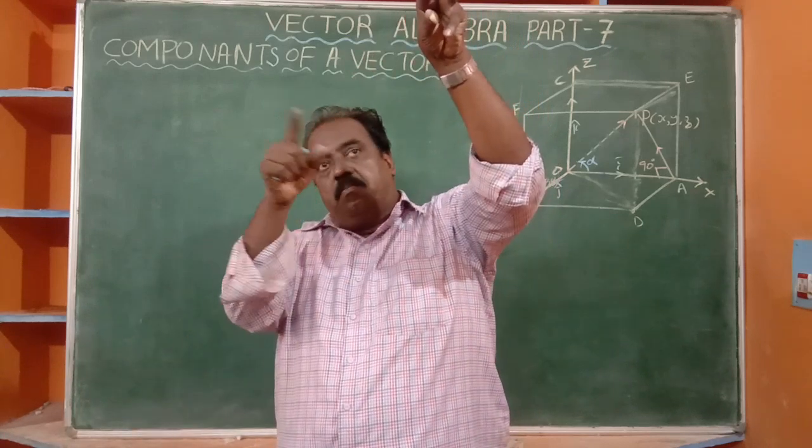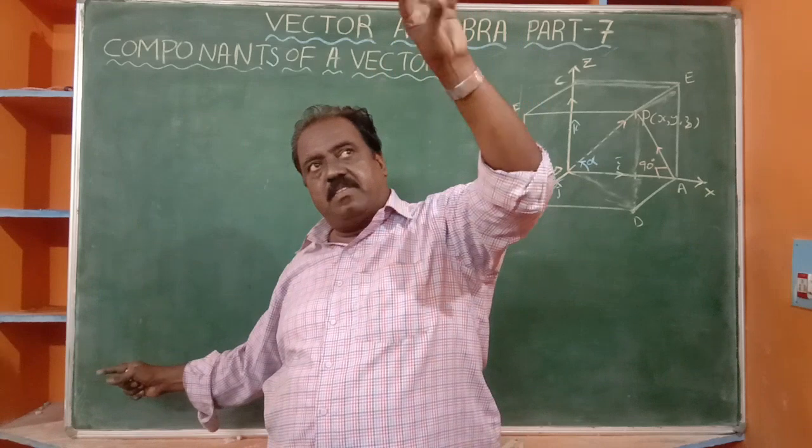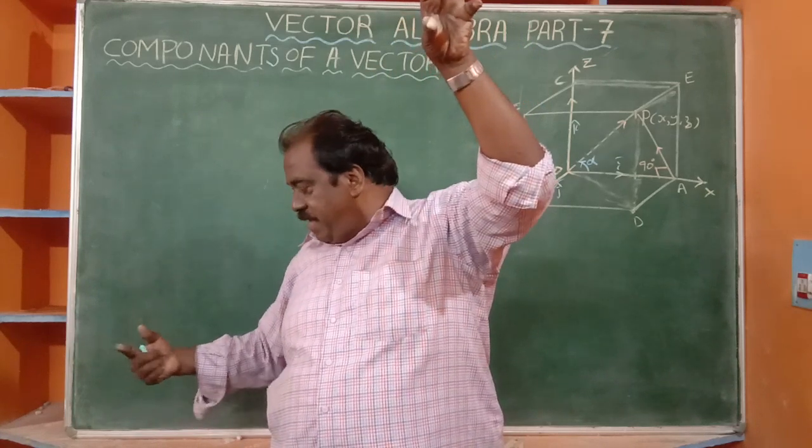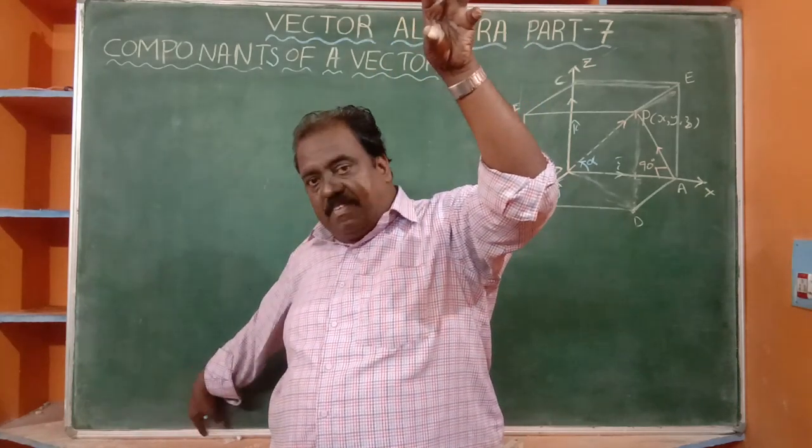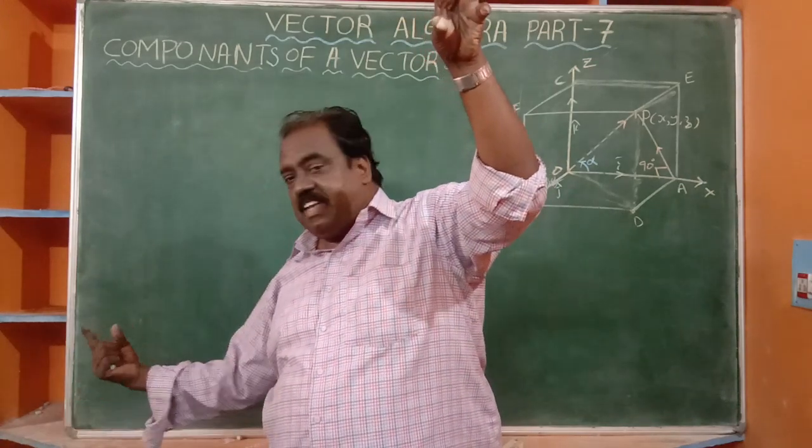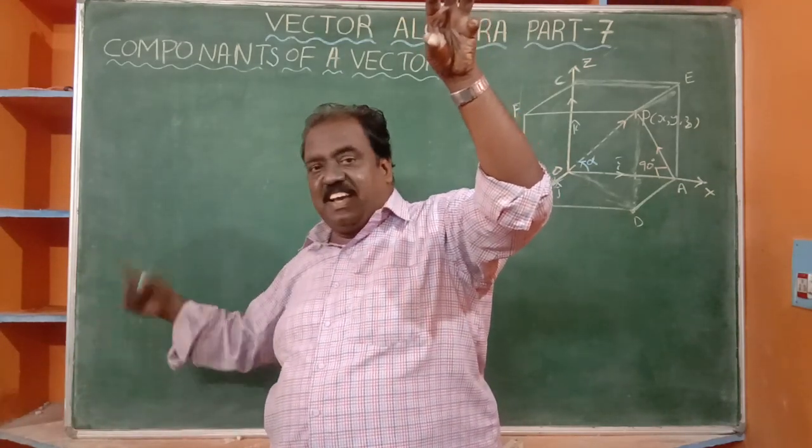OP bar is a given vector. This vector makes an angle alpha with the x-axis, beta with the y-axis and gamma with the z-axis.